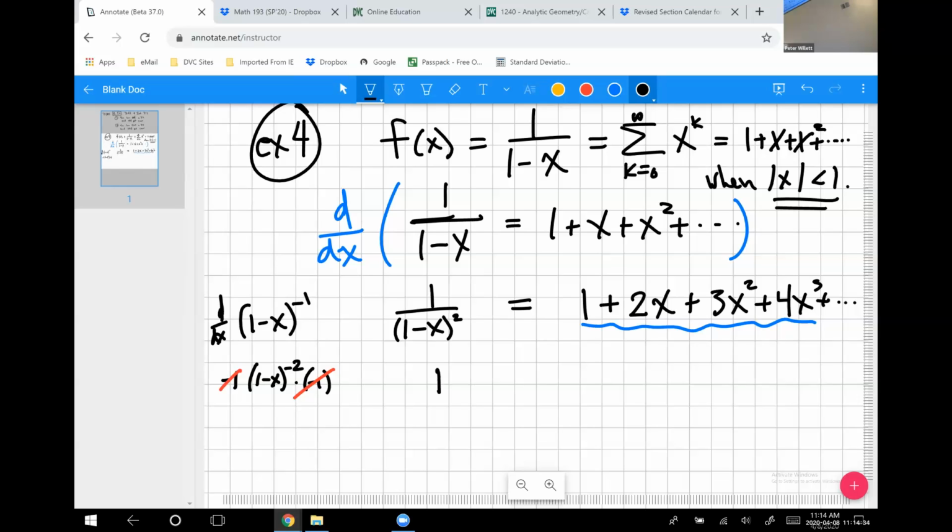So that means 1 over 1 minus x squared is equal to the summation as k goes from 0 to infinity. And notice that the coefficient in front of the x is 1 more than the power. So I can write that by saying I have k plus 1 times x to the k.